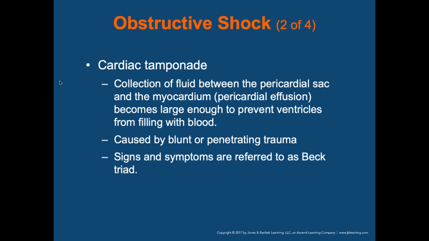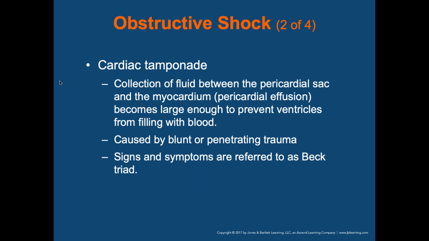Pulse pressures are your blood pressure, systolic and diastolic, being very close in number. So you might see a blood pressure of 90/86. Very, very close, narrowing pulse pressures. You're going to see muffled heart tones, because remember, that's not pumping effectively, and they're muffled because now you have fluids around the pericardial sac. And you'll see hypotension with that as well.